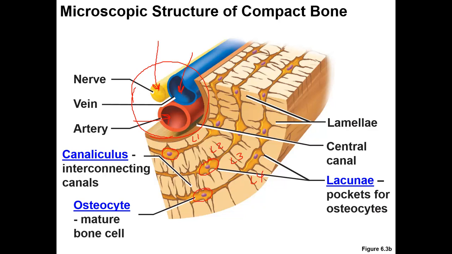And then one last thing that we need to add is this word called canaliculus, or canaliculi is plural. And these are interconnecting canals. And these are the canals that are actually going to penetrate through the lamella to get from one osteocyte to the next.